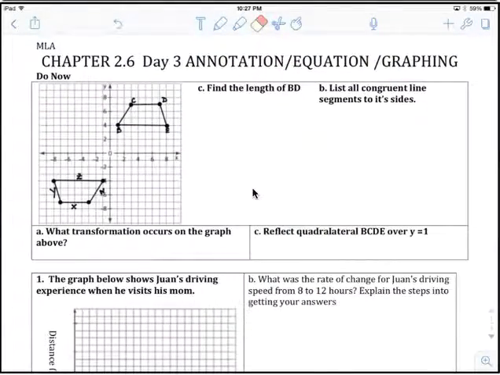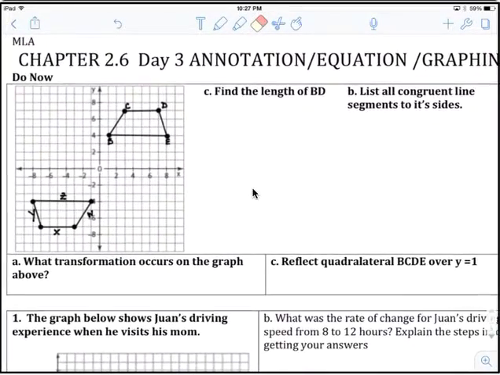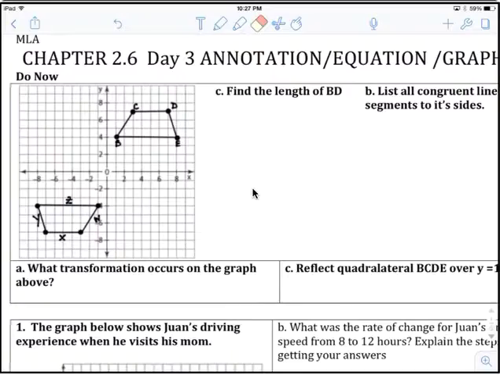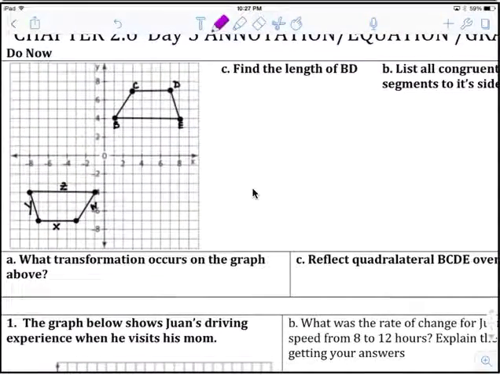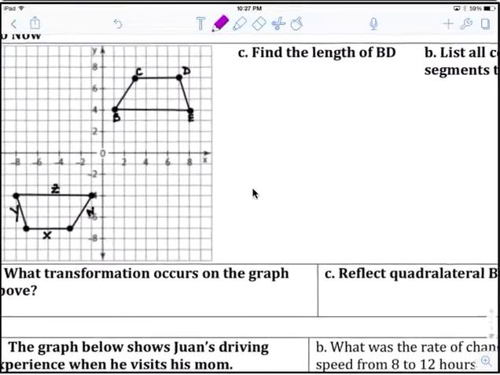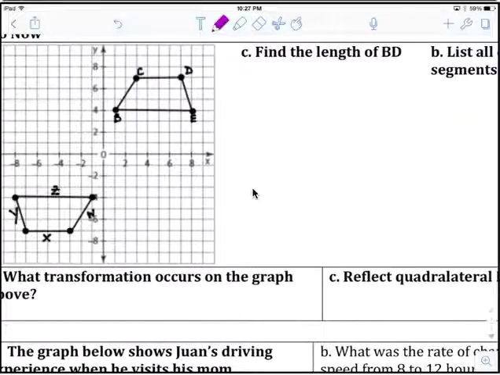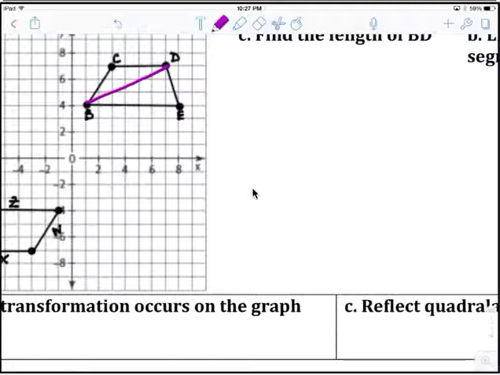This one is not on that video, so just in case I didn't cover it in class, because it may come up on the test. Find the length of BD. So find the length of BD. That length right there, you come down. So this dot, ignore all the other ones.